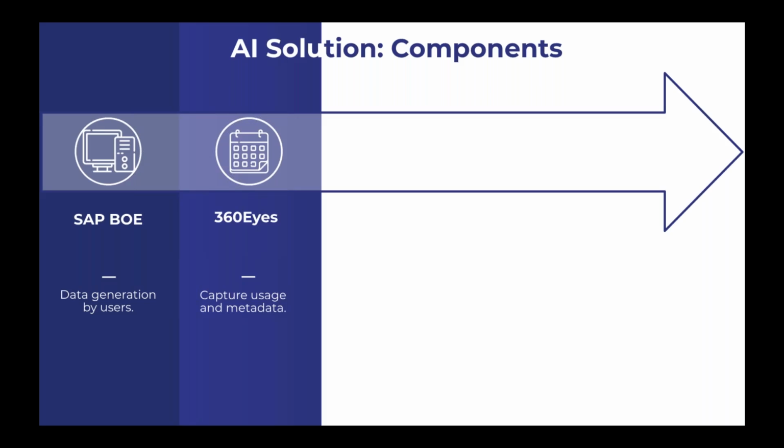It's all about user activity, like I mentioned, and it's tough getting at that information without 360Eyes. Let's just say that 360Eyes makes it extremely easy to get that information. So that capture of the usage and metadata is what we are going to use as our basis, really our repository, to drive this AI solution.